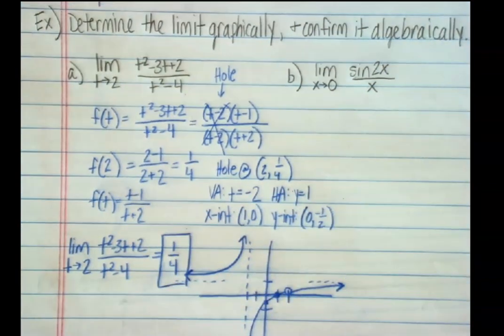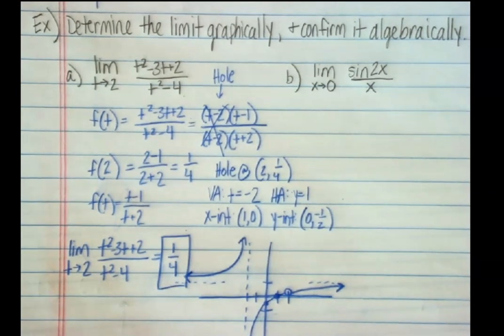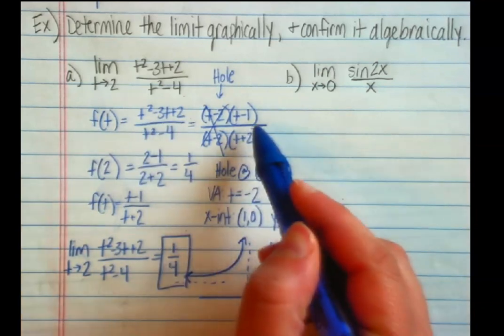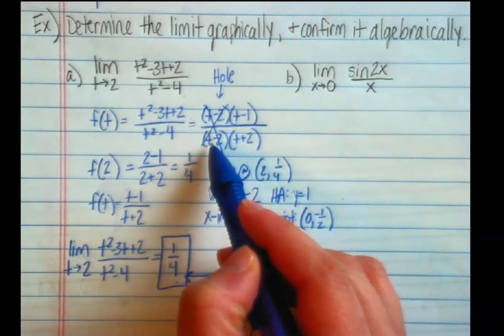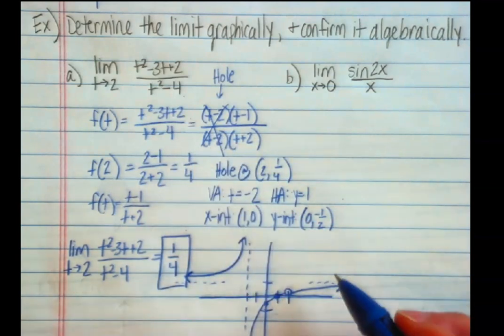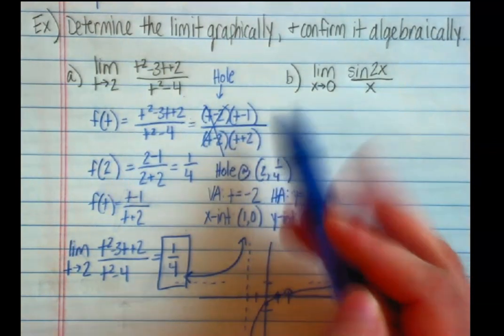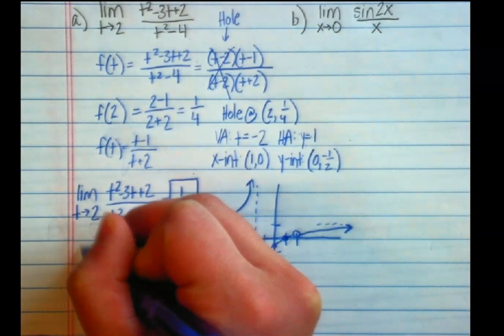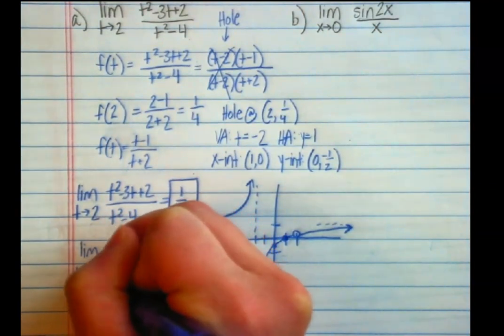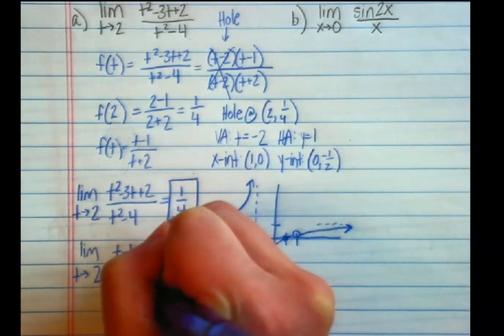Okay. If I wanted to confirm it algebraically, that would pretty much be doing substitution. However, if I did substitution in this factored form, we would end up getting 0 in the denominator, which would not be okay. So I would have to use the simplified form, which is the limit as t approaches 2 of t minus 1 divided by t plus 2.